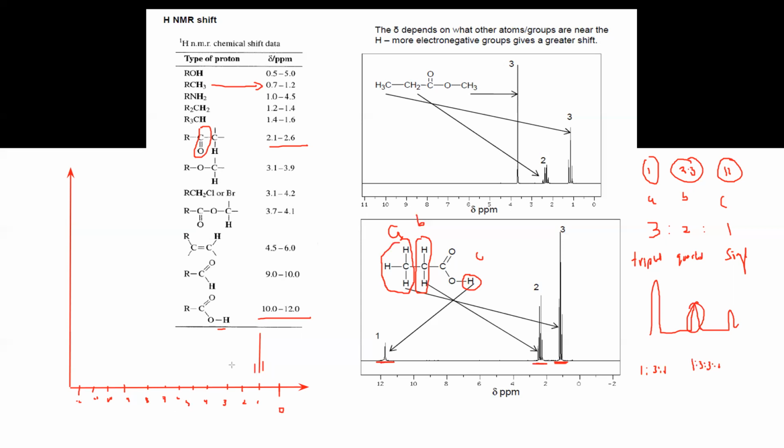That was at a chemical shift of 2.3. So around 2.3, I will draw the peaks 1, 3, 3, 1 in comparison with each other. And then I'll get a singlet, which is having one hydrogen. So around 11, I will draw a singlet. That's it.